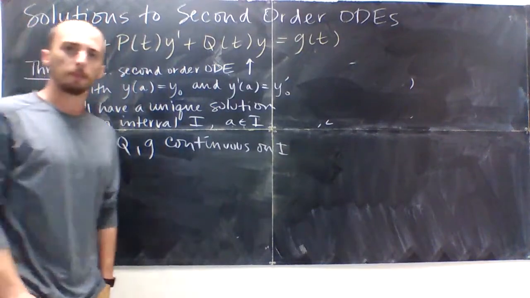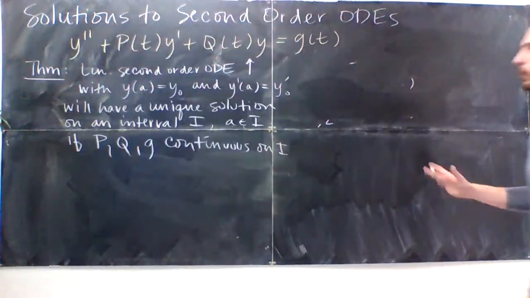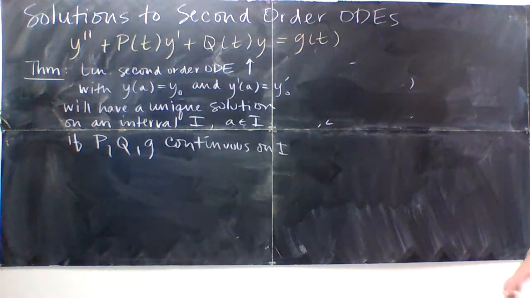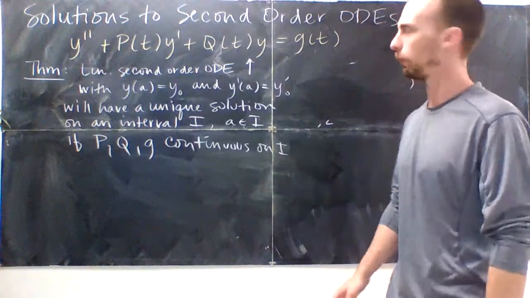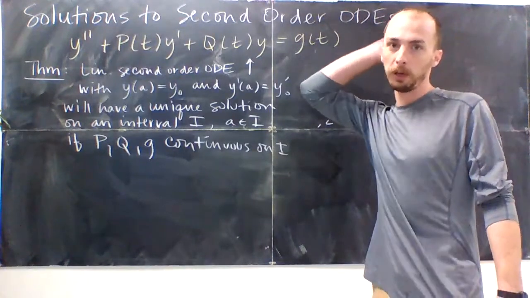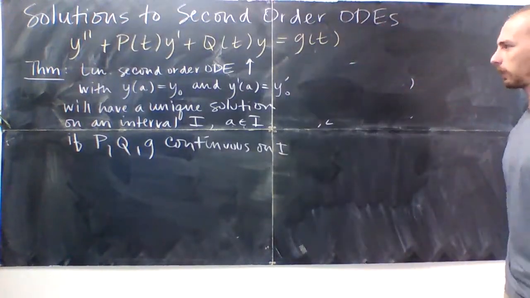This is not going to be the most important for us in this class. This is important in general, and of course, unfortunately, the proof of this theorem is kind of laughably beyond where we are right now, so we're just going to take this one on faith.